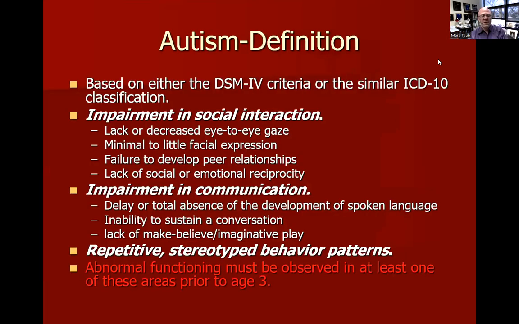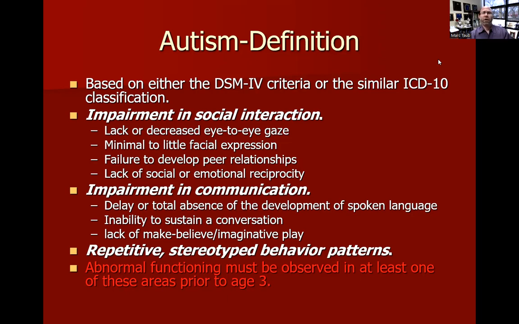So autism is based on either the DSM-4 criteria or the similar ICD-10 classification, and abnormal functioning must be observed in at least one of these three areas prior to the age of 3. The first area is an impairment of social interaction. This would be things like a decreased eye gaze, just minimal facial expression.